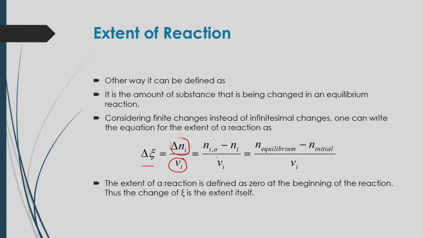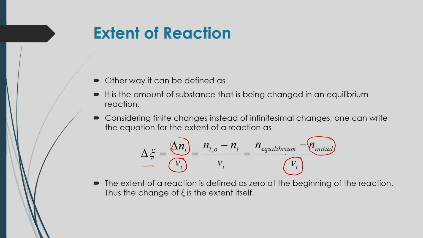Then it can be written as (Ni minus Ni0) by nu i. So, here Ni may be the equilibrium amount, that is at the outlet, or at a certain time when it reaches equilibrium, the equilibrium moles will be N, and the initial moles will be Ni initial, divided by its stoichiometric coefficient.